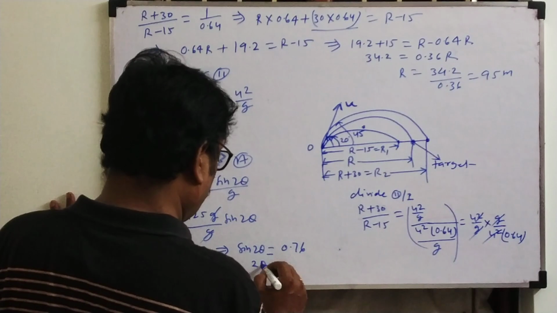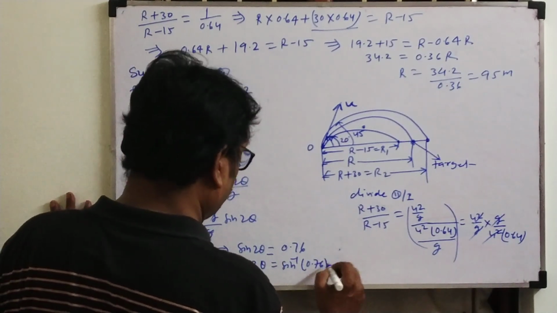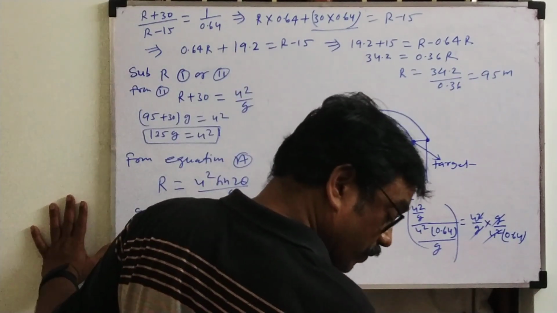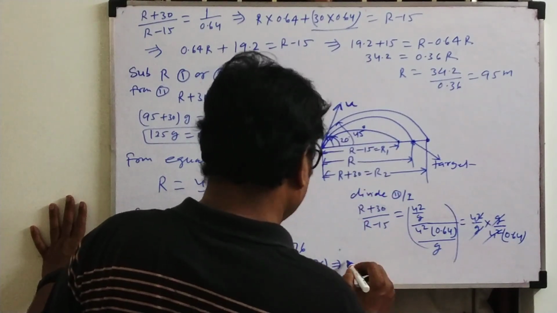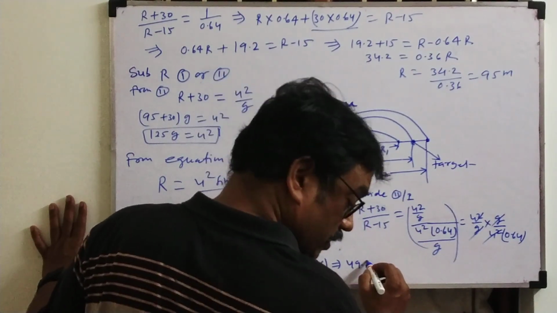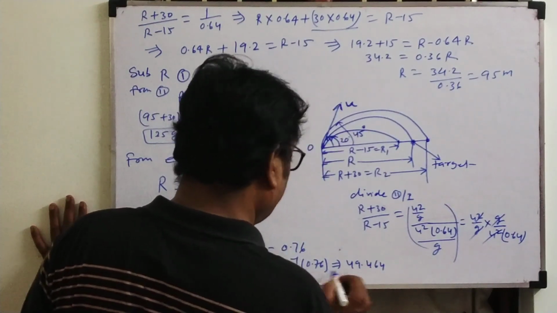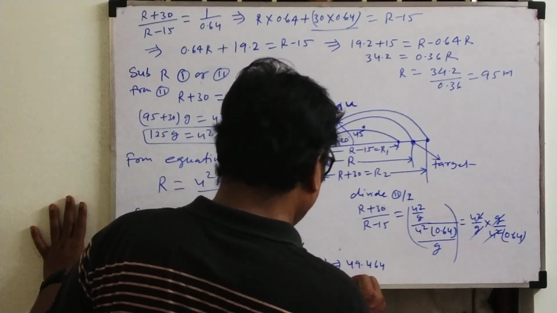So 2 theta is equal to sine inverse 0.76, which comes to 49.464 degrees. So what is theta? Divide by 2, and it comes to 24.73 degrees.